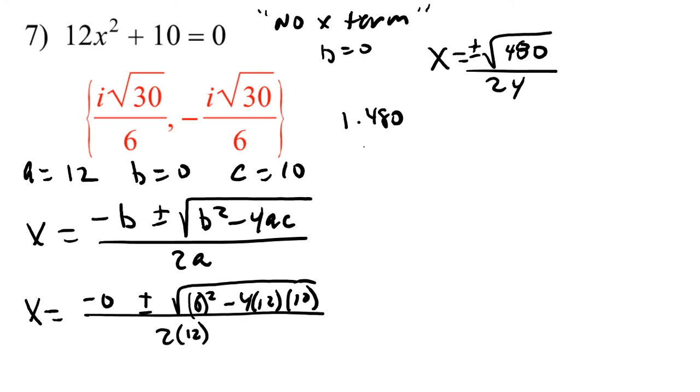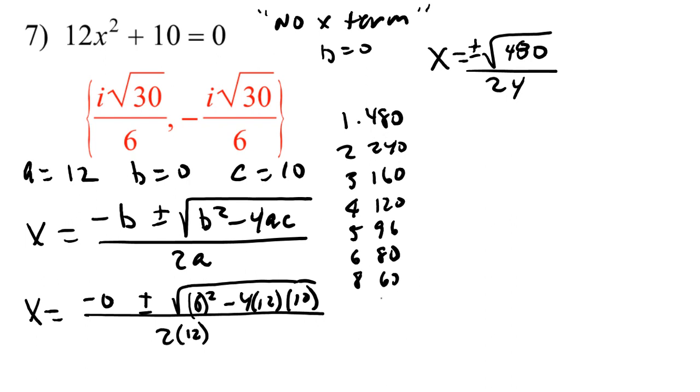So 1 times 480, 2 times 240. 480 divided by 3 is 160. 4 goes into that 120. 5 goes into it 96. 480 divided by 6 is 80. 7 doesn't go into it. 8 goes into it 60 times. 9 doesn't go into it. 10 is 10 and 48.